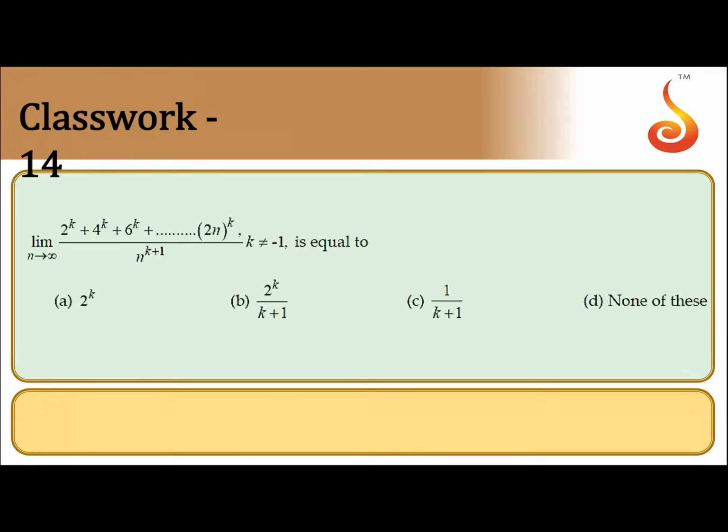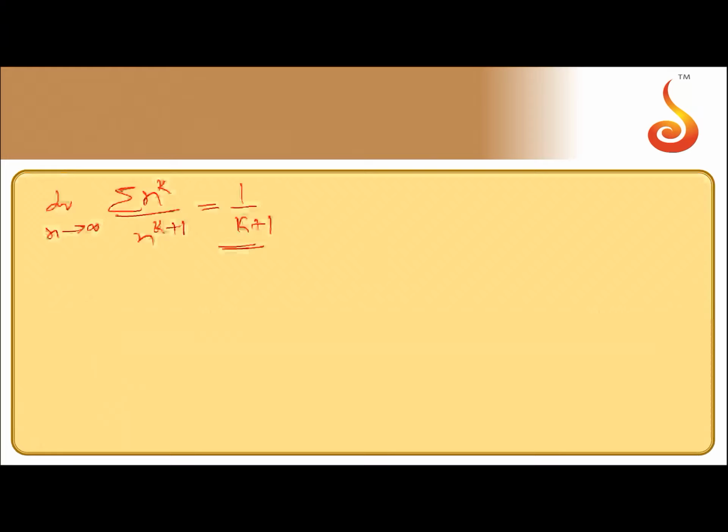But here, in this case, you have 2 power k, 4 power k, 6 power k. Why not take 2 power k common? So it is limit n tends to infinity 2 power k, taking common, 1 power k, 2 power k plus and so on, n to the power of k divided by n to the power of k plus 1.